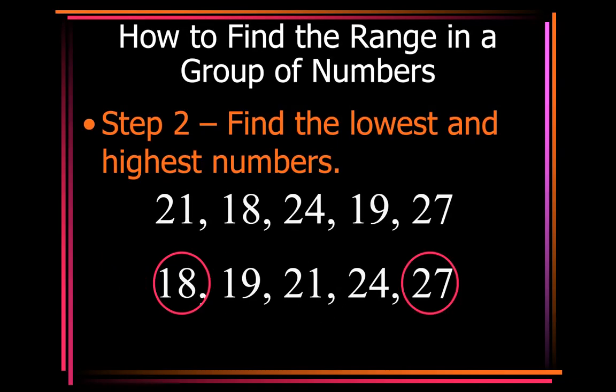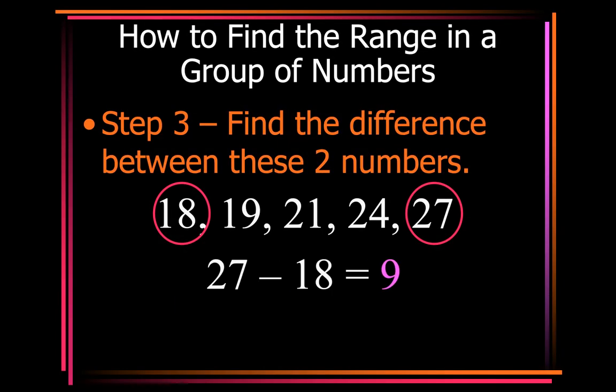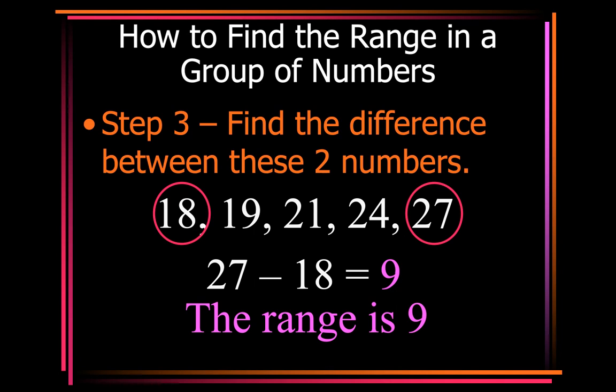They should be at the ends. And you're going to subtract 27 minus 18 in this case. Okay, you're going to find the difference. 27 minus 18 is 9. So the range in this case is 9.